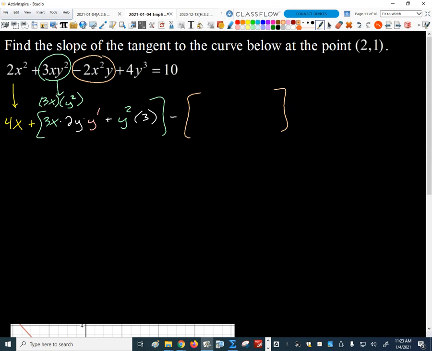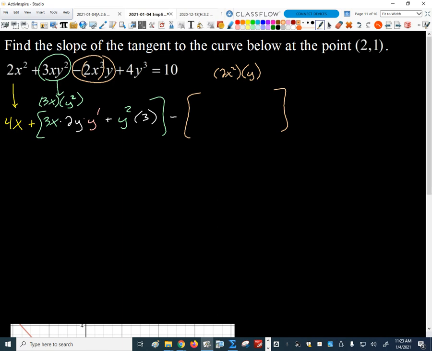This time, let's group the 2x squared together, and then the y by itself. Okay, so Kirsten, we got a product here. We're using the product rule, the product of 2x squared times y. And we're subtracting whatever we get from that product rule.